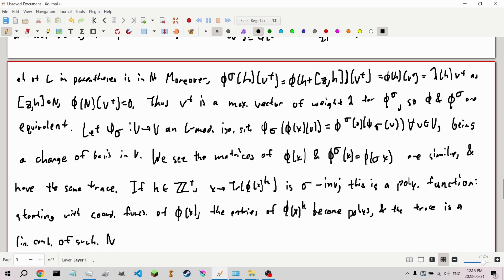Note that the invariance of the trace is independent of our original choice of base, or positive roots for that matter.